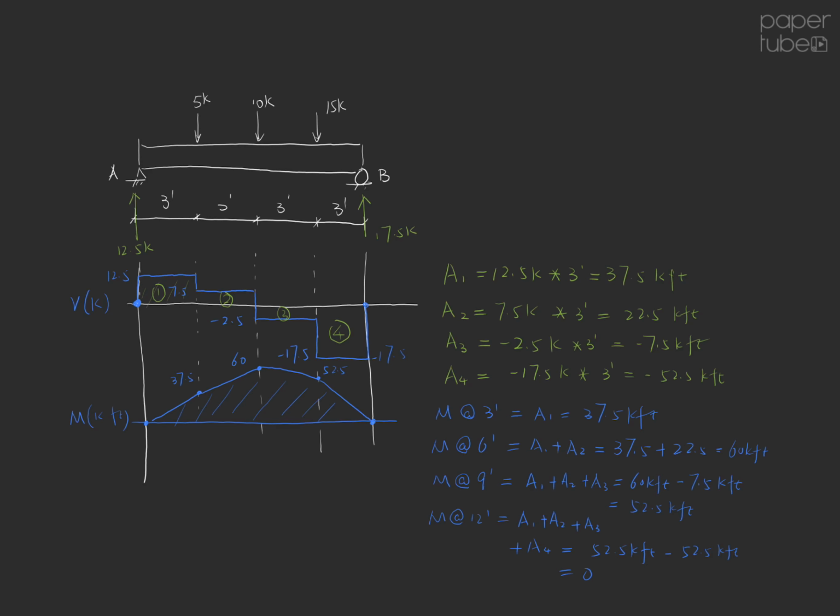I'm going to use red. This portion here is the portion most likely to fail under shear, and here is the point most likely to fail under flexural.